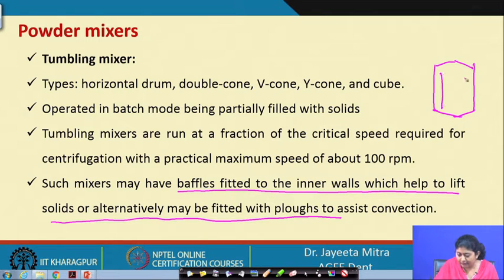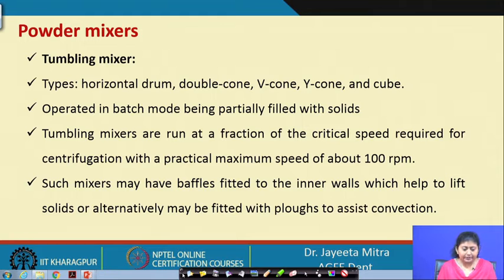In the wall there are baffles. This will help in lifting the solid that is there in the chamber. Some portion of filling will be there, so the lifting will be easier if you use the baffles there. So, these are the tumbling mixers.